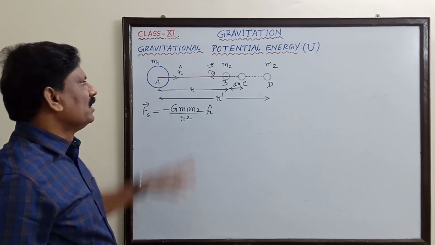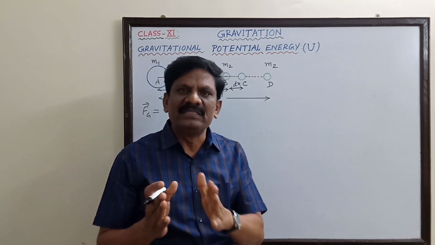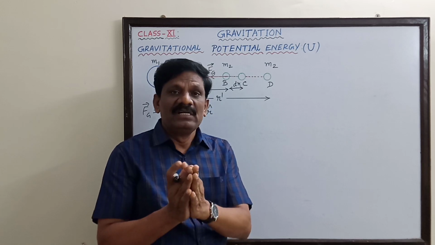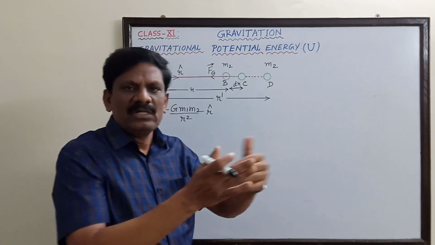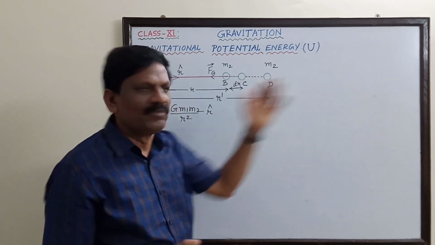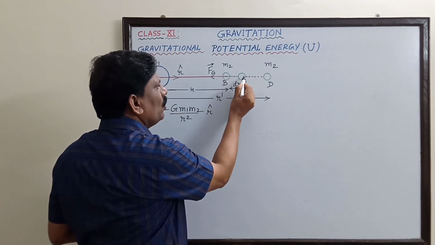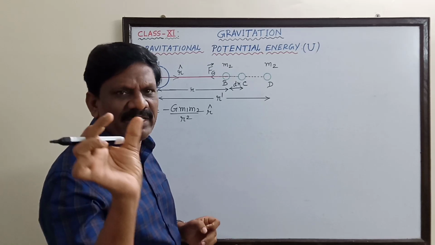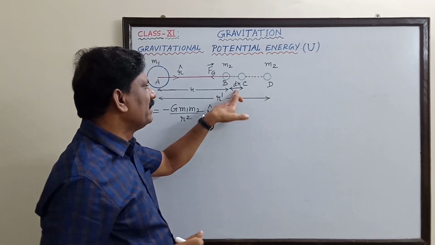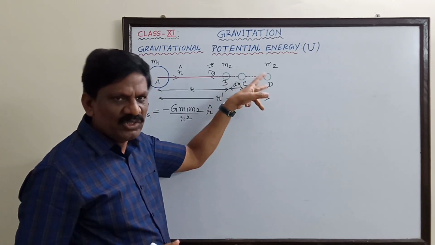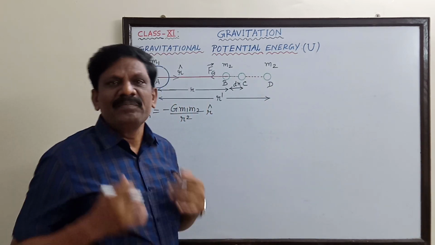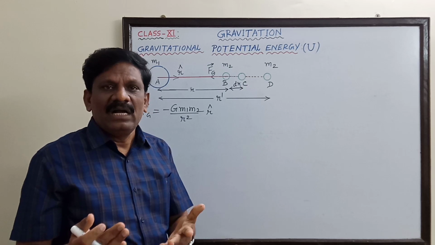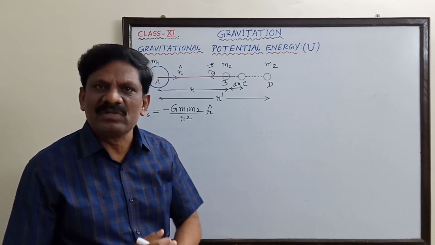Understand? Now in such a situation, let us imagine this mass m2 is moved towards C on the right side. I am going to move this mass m2 to the right through a very infinitesimally small displacement dr from B to C. So I am pushing it. Am I applying a force opposite to that of the gravitational force or not?